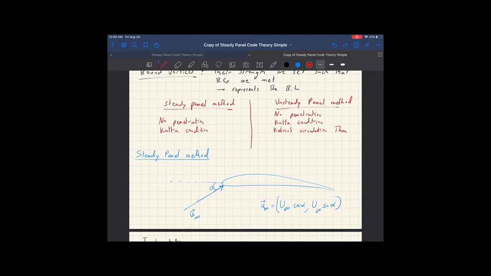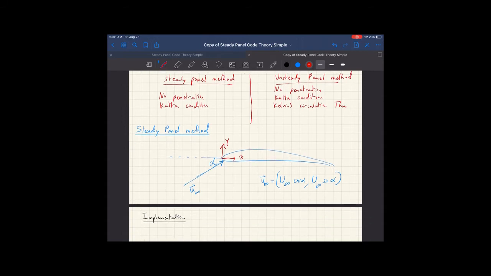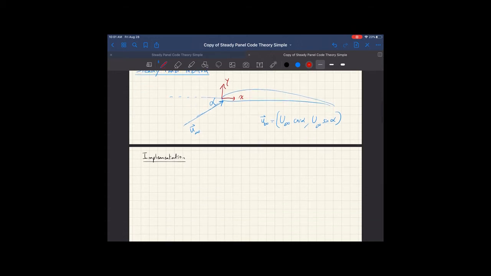So assuming that this is your axis, if the free stream velocity is u infinity, then the u infinity vector here is simply the component of this vector in the vertical and the horizontal axis, which is simply u infinity cosine alpha in the x-axis, and u infinity sine alpha in the y-axis.